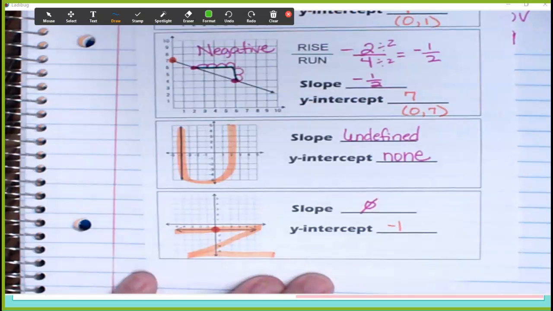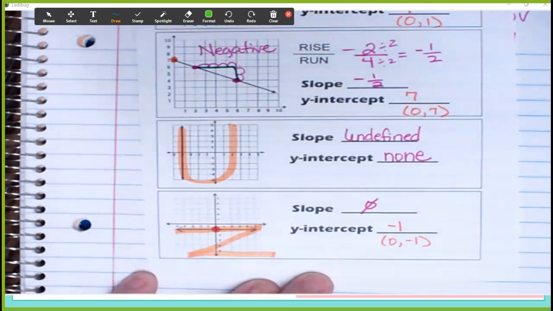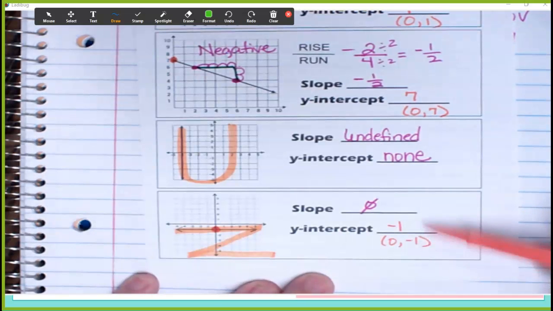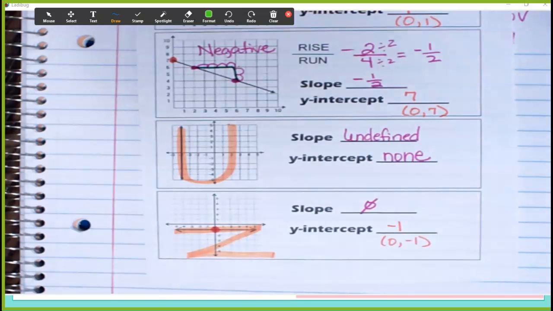So what would its ordered pair be? (0, -1). The reason I'm having you write both is because you never know. They might make an answer choice with just a number, or they might make it an ordered pair. So we're practicing both. And guys, that's all there is to counting slope on a graph.